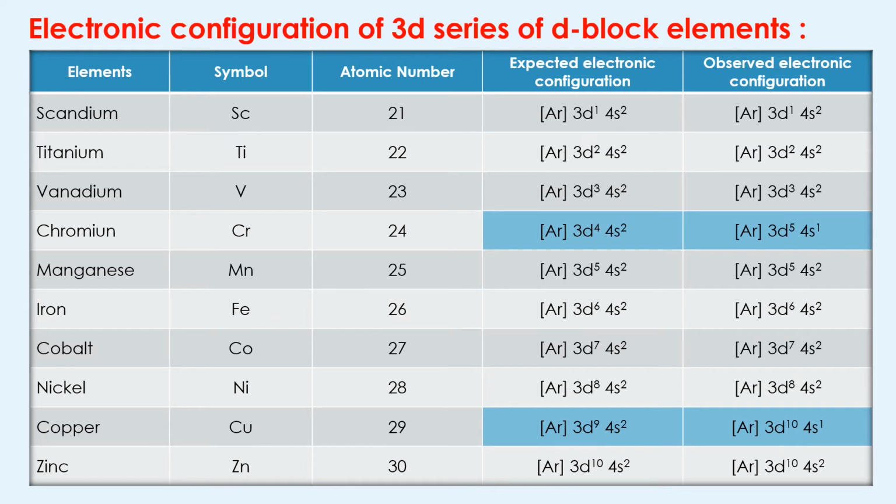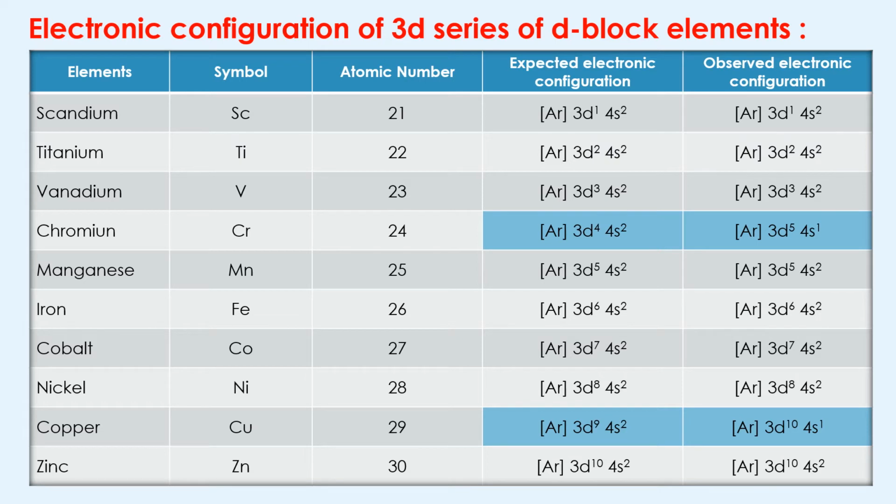Okay. Now next is the electronic configuration of the 3d series of d block elements. Now see, in this table you start from scandium and end up with zinc. So see the table very clearly. The first part is the element, then symbol, atomic number, expected, which is just theoretical, and observed. So first start with scandium. Symbol is Sc. Atomic number is 21.